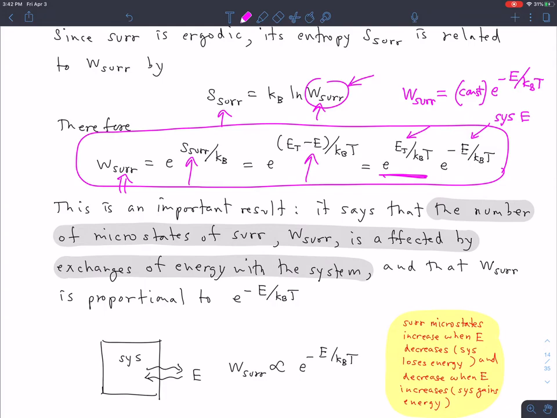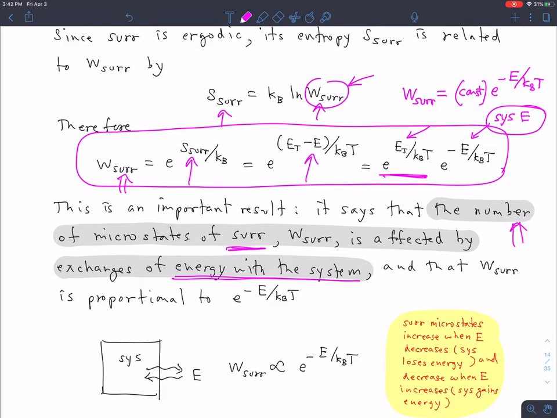What that is telling us is how the number of microstates in the surroundings depends on the energy of the system. The number of microstates in the surroundings is affected strongly, actually, by the energy of the system.